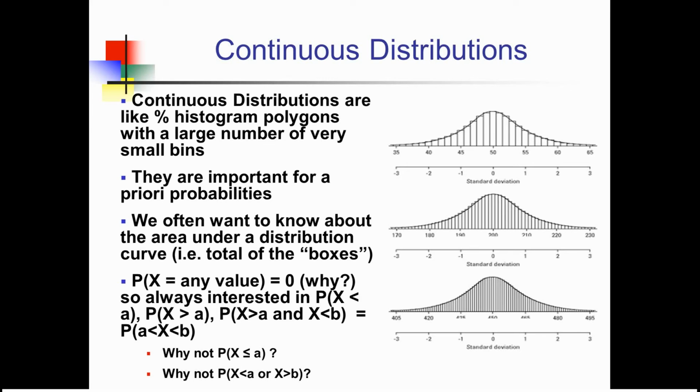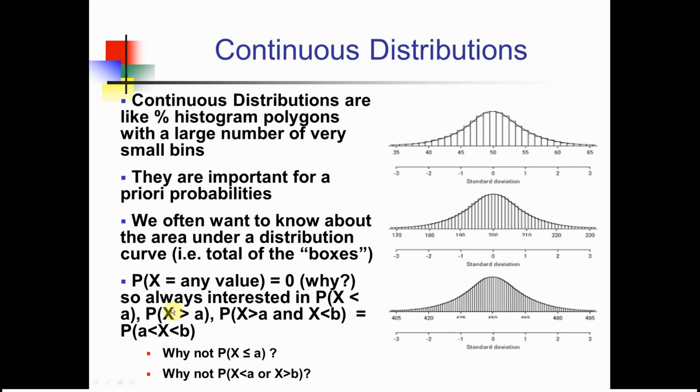We don't really have to be too concerned about it, but just remember that with continuous distributions, we always talk about the probability of a value being greater than, less than, or between A and B. So we never really talk about a particular value being equal to something. You also never see things like the probability of x being less than or equal to a.